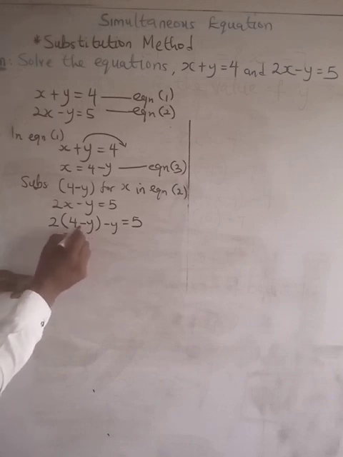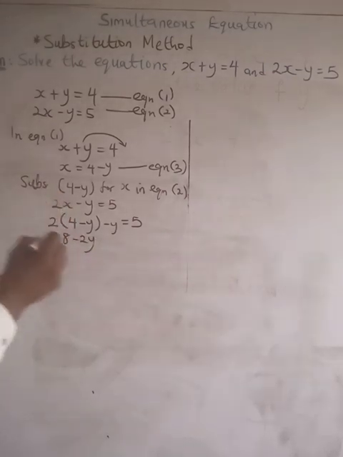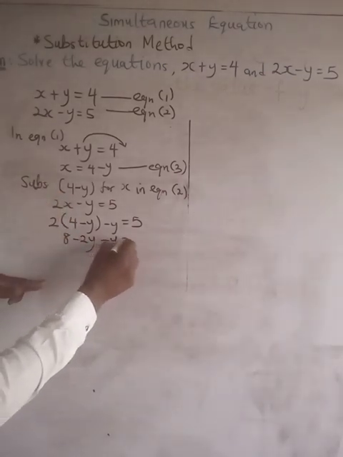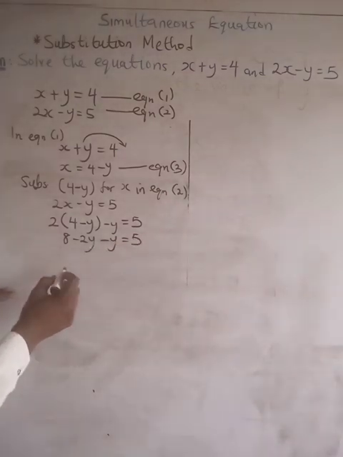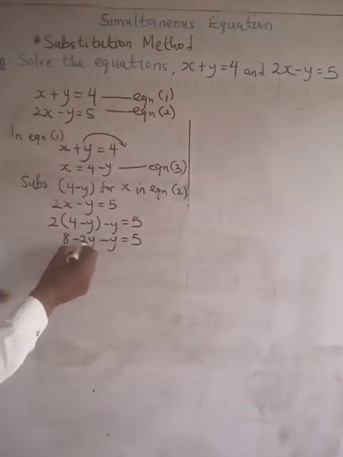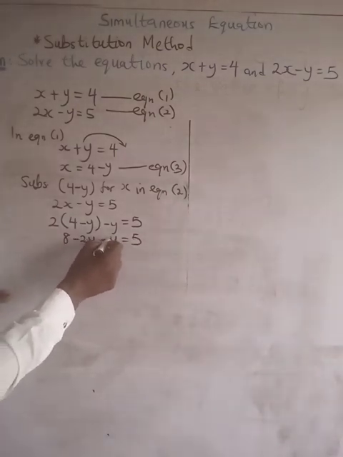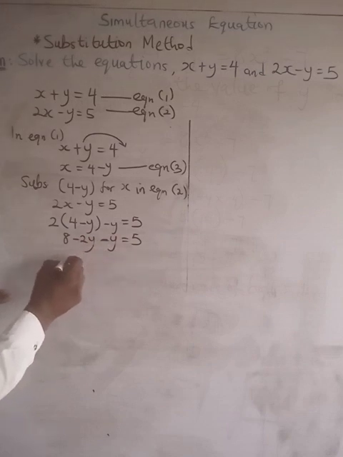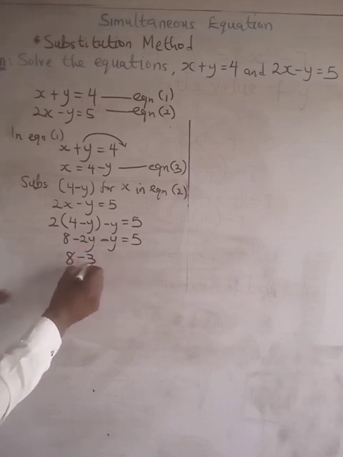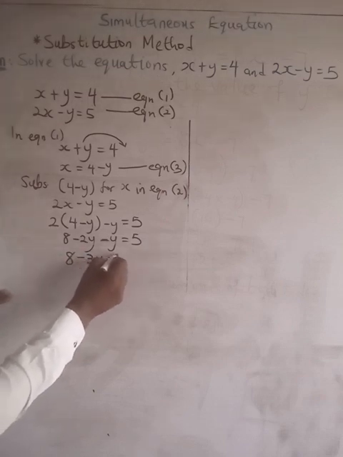Remember, we have a negative sign, so it's going to become minus 2y. And we have minus y equals 5. So negative 2y and negative 1y will give us a total of negative 3y. In other words, 8 minus 3y equals 5.